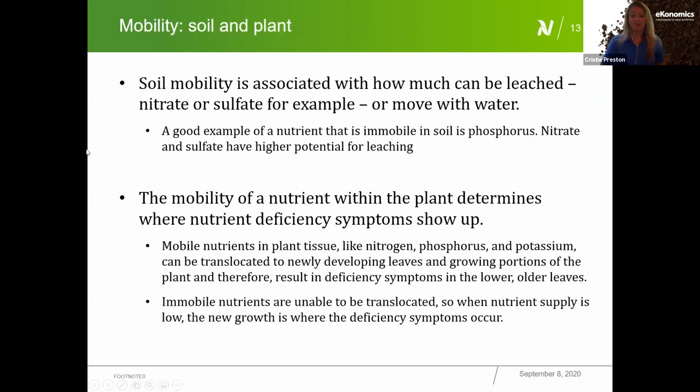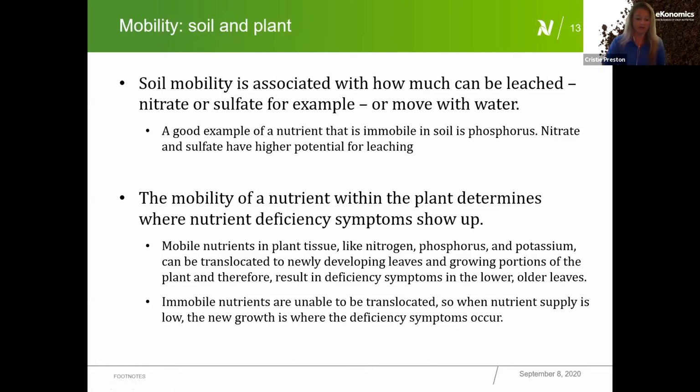So when we talk about soil mobility, that just means it moves with water. So it can be leached just like nitrogen can. But a good example of an immobile nutrient in the soil is phosphorus. But nitrate and sulfate both have a higher potential for leaching.